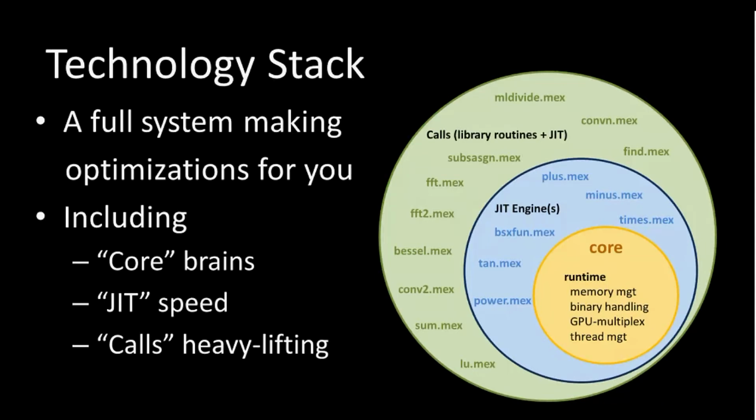To make all of this work, there's a very sophisticated technology stack underneath the hood that I describe at a high level here. It's a full system of optimizations, including, we like to think of it as three components. You have the core runtime that does memory management, binary handling, GPU multiplexing, and thread management, sort of the brains of the system.